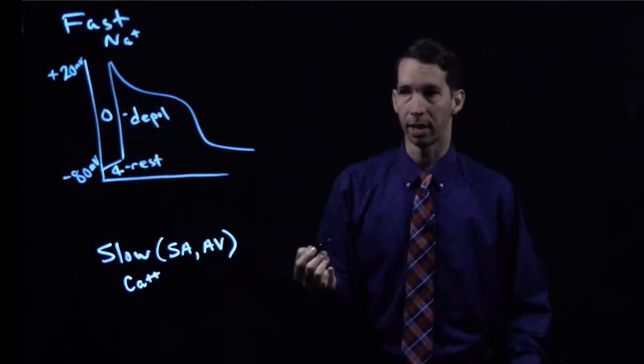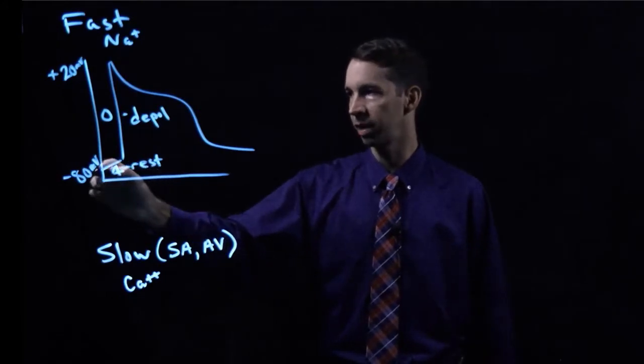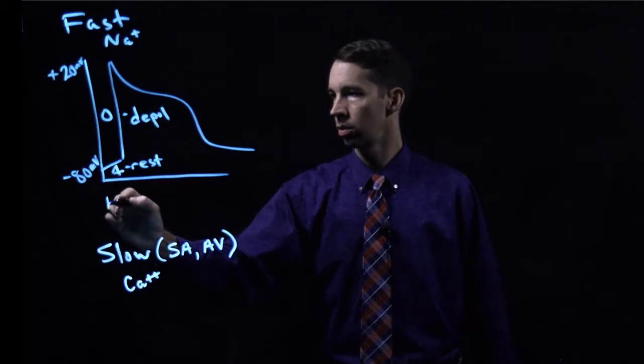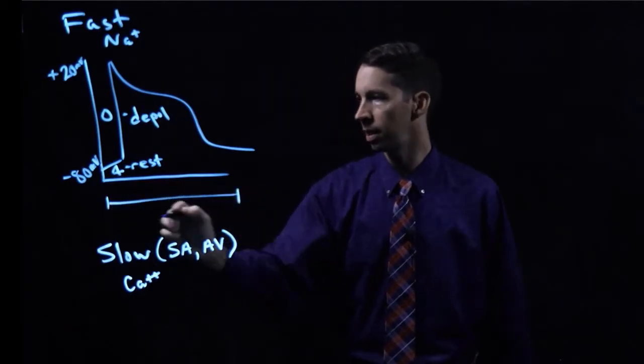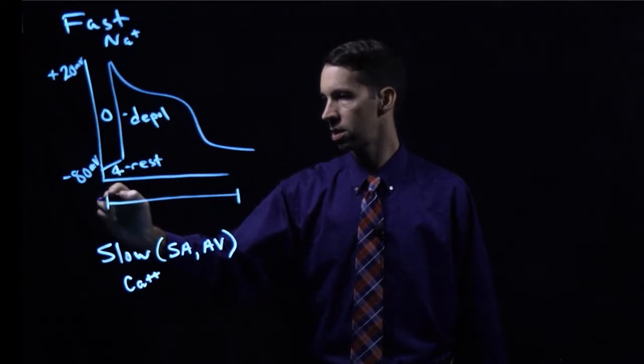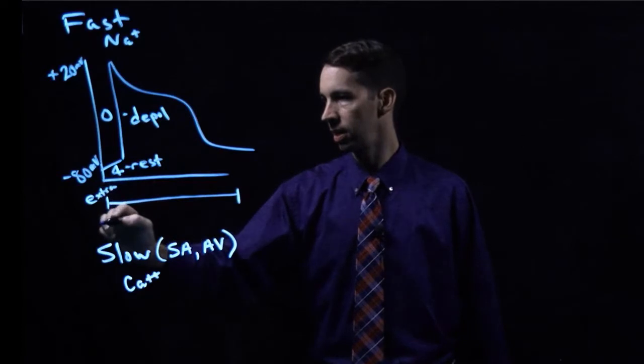So what's really driving that? Something has to happen for the cell to go from being very negative to being very positive. On the bottom here, I'm going to show you a cell membrane, with extracellular on this side and intracellular on this side.